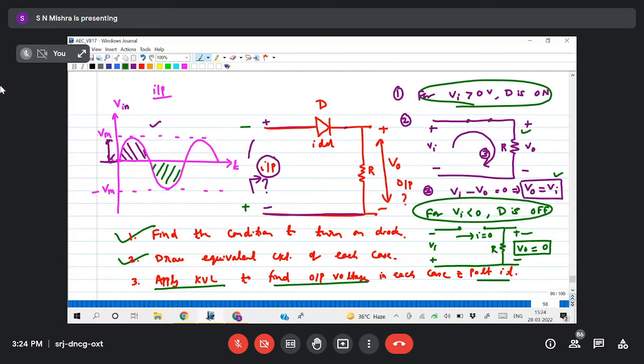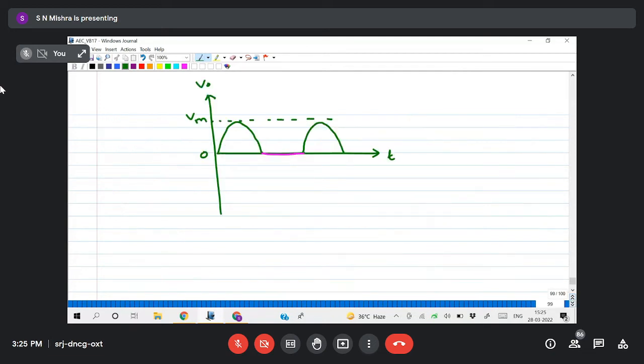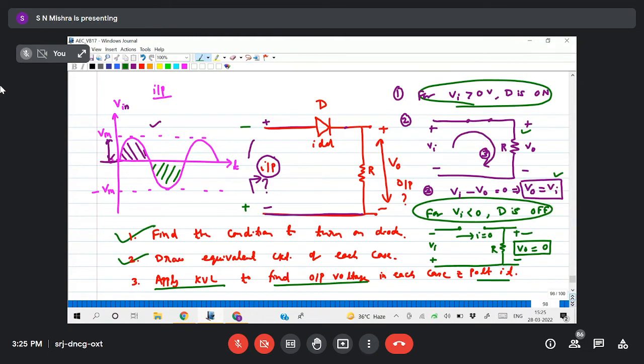Now you can take the same circuit to find out. Sir, can you show that graph? Second page. Sir, can you explain this one? Have you understood this one? You try to plot V naught equals Vi for the positive half cycle, and V naught equals 0 for the negative half cycle.